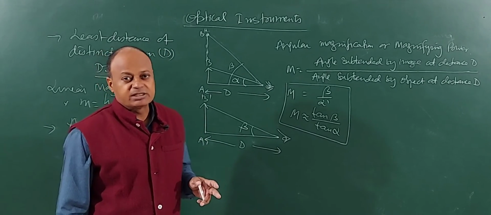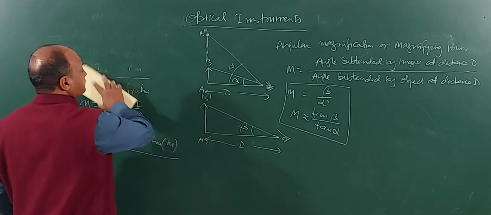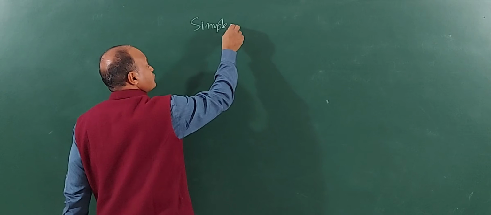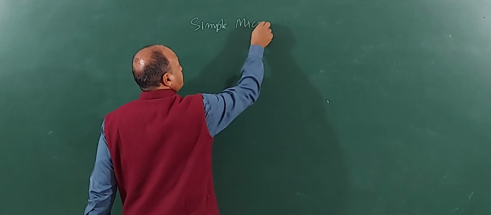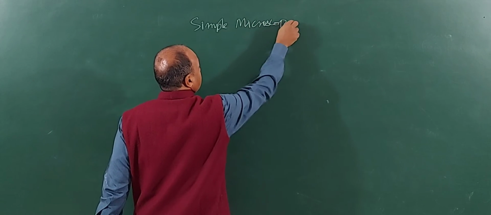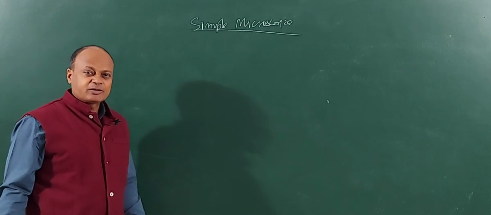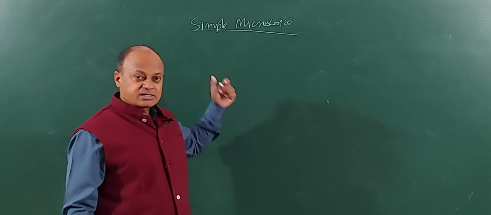Now once you understand this, then we will do the simple microscope. Let's start. What is a simple microscope? Children, this simple microscope is basically used as a reading glass.